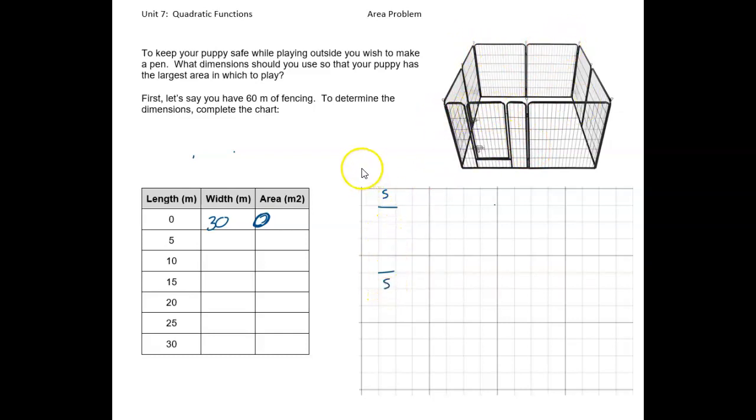Right now I've used up 10 meters of fencing, and we only had 60 to begin with, so that leaves me with 50. And that 50 has to get split over the left side and the right side.